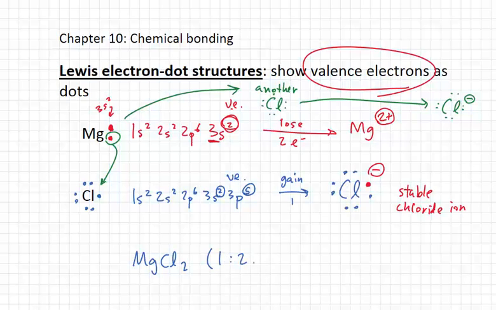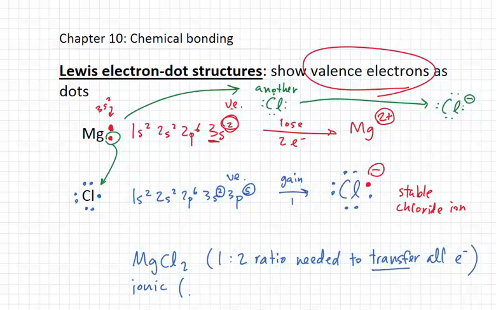That's the whole idea behind switching those charges around. That we need a 1-to-2 ratio to transfer all of the electrons. The goal in making an ionic compound, this is ionic, right? How do you know if a compound is ionic? Metal and a nonmetal.